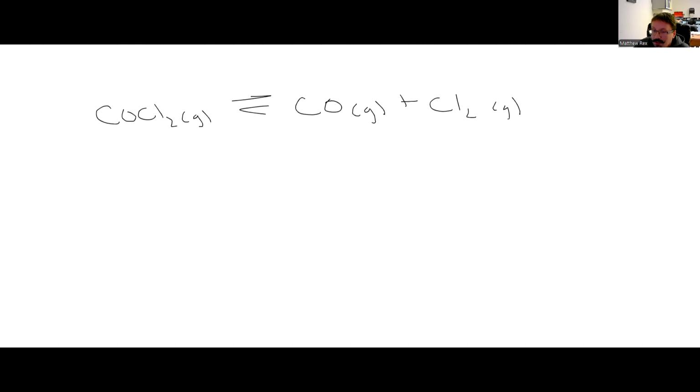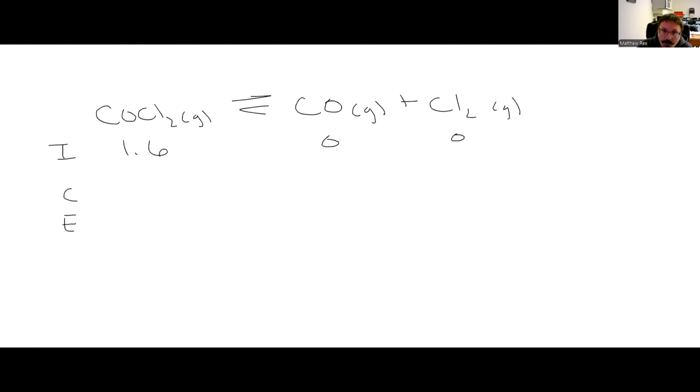We are told the starting concentrations. Actually, here, we'll just make an ICE table. We're told the starting concentration of the COCl2 reactant. We are not told anything about the product, so we're going to assume the starting concentration for those is 0.